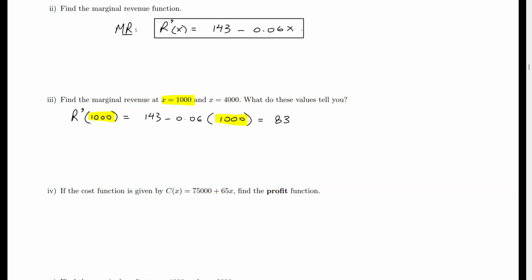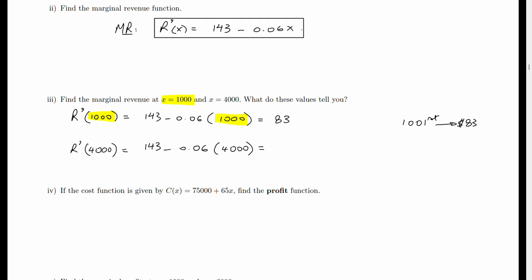This number says that the revenue from selling the 1,001st speaker is going to be $83. Now, MR of 4,000 is basically the same. I'm just going to take my previous equation and plug 4,000 into it, because that's what the question told me to do.